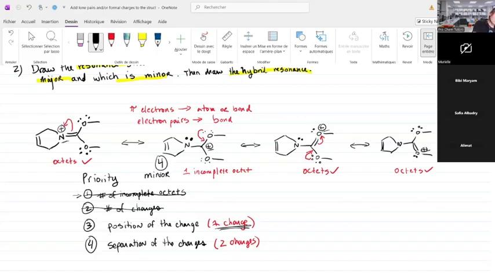So remember that we want to put a negative charge on electronegative atom. And we want to put positive charge on less electronegative atom.